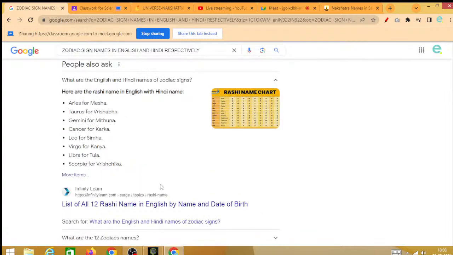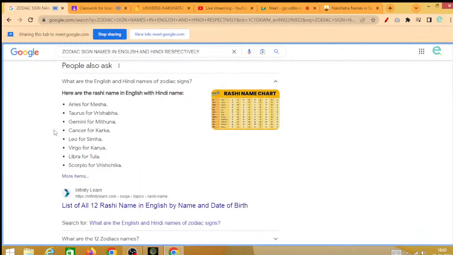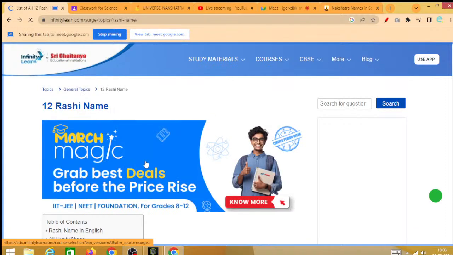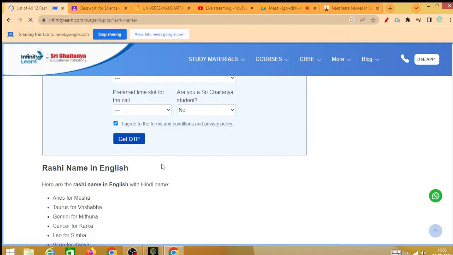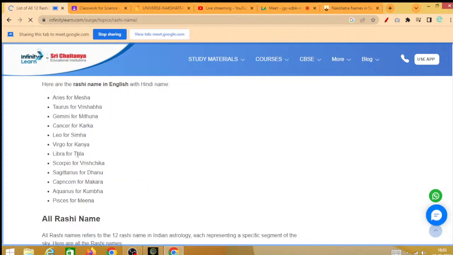See here, I'm just showing it to you. Aries is for Mesh, Taurus is Vrishab, Gemini Mithun, Cancer is Kark, Leo is Sim, Virgo for Kanya, Libra for Tula, Scorpio for Vrishchak. Tula means that only, Tula is Libra.